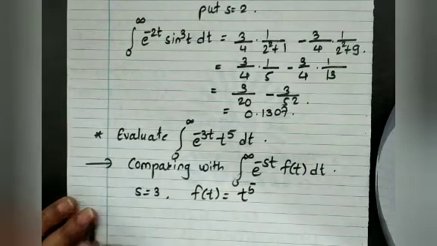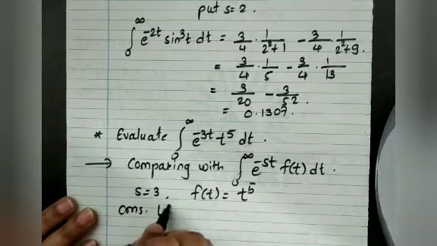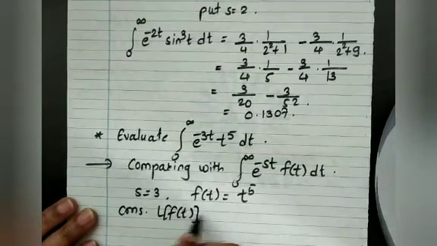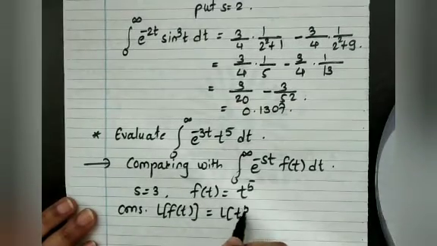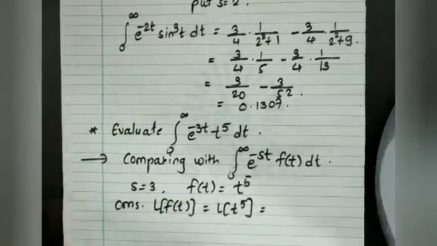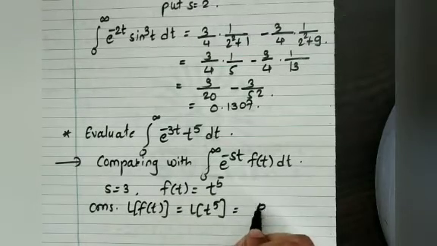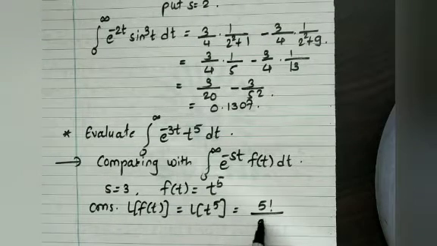Consider Laplace of f of t, that is Laplace of t raised to 5, that is 5 factorial upon s raised to 5 plus 1.